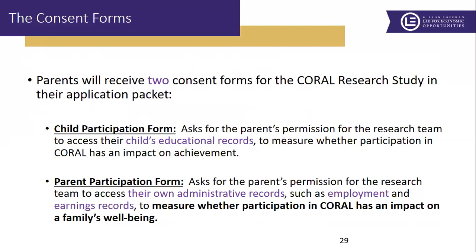And then there's the parent participation form, where we're asking, so this is about the family well-being question. We want to know if participation in Coral allows a family to be more stable. We're mainly thinking this would be through allowing parents to keep jobs because they're not worried about childcare. And so we want to look at parents' administrative records, such as employment and earnings records, to measure that participation on well-being.